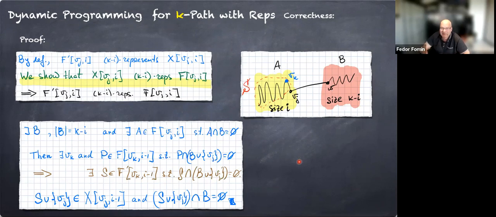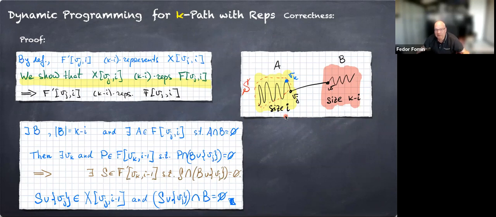Suppose I have a set B of size k minus i, such that for some set A from the family F(v_j, i), A is disjoint from B. The situation is the following in this picture: I have a set A, of size i, which is disjoint from some set B, of size k minus i.